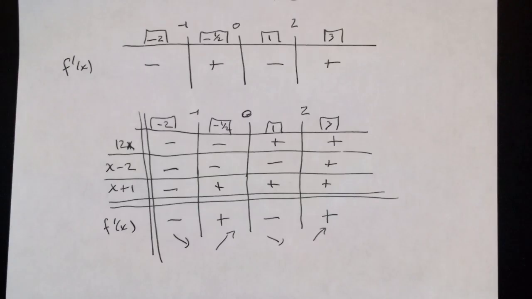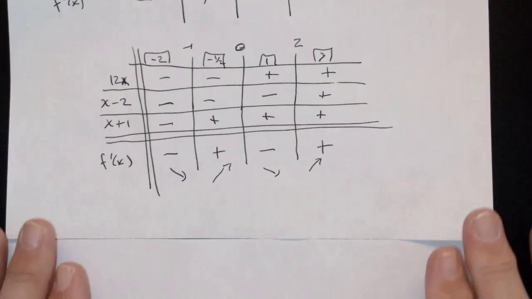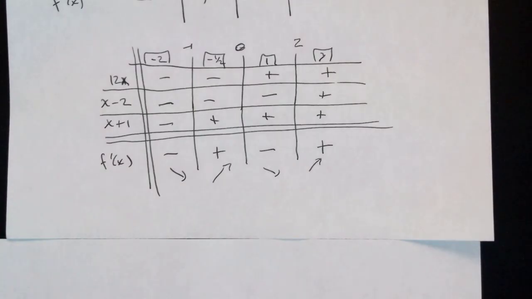What does Fermat's theorem tell me? My good old buddy Pierre de Fermat. What does he say? Yes. If f of x has a local extreme at x equals c, and f prime of c exists, or c equals c.